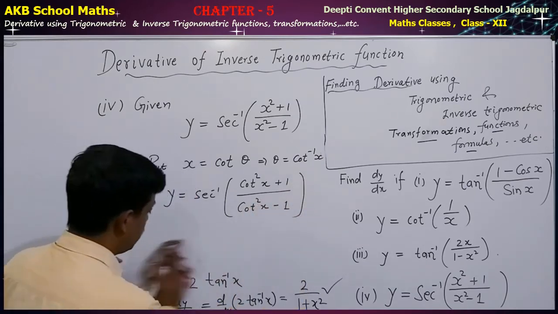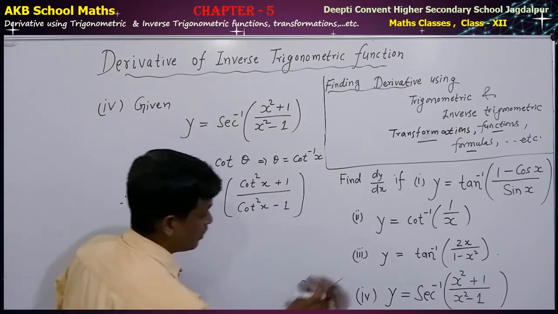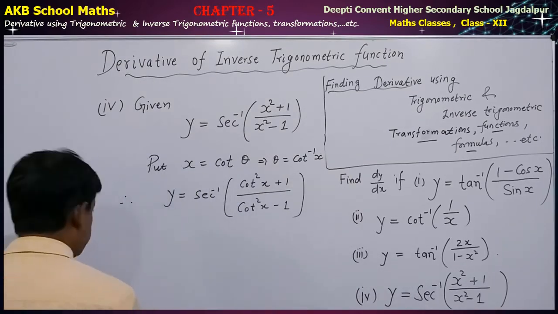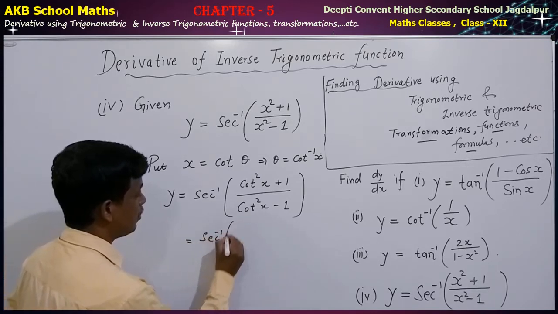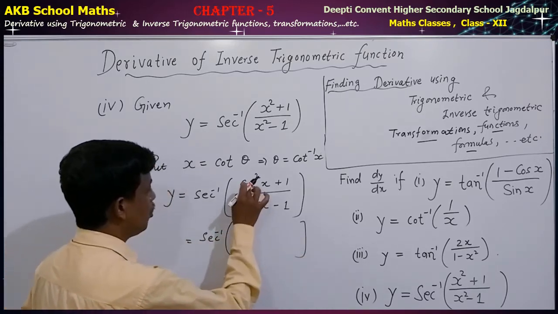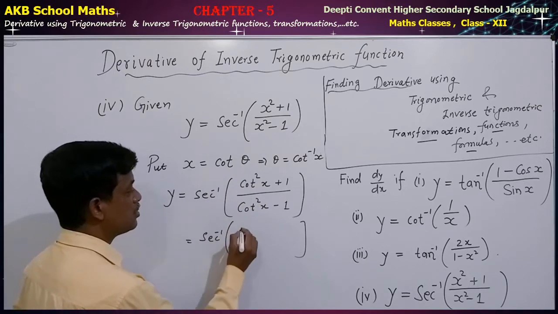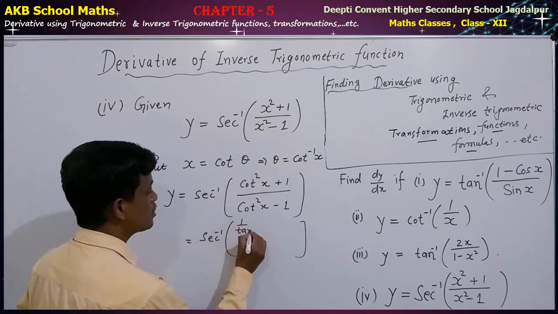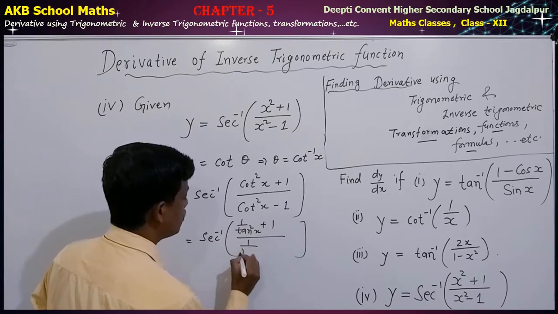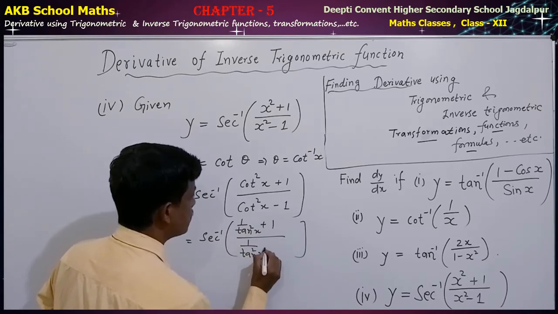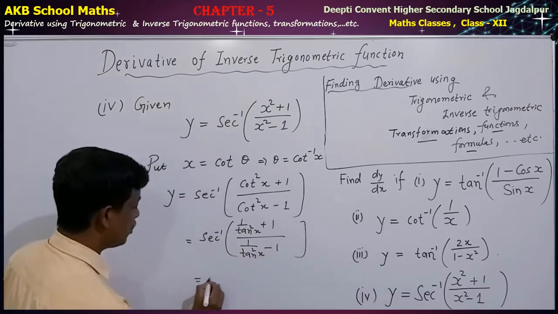Now we can get the value: sec inverse of cot, which is 1 by tan, so 1 upon tan square plus 1 upon 1 upon tan square minus 1. Now we can solve it.